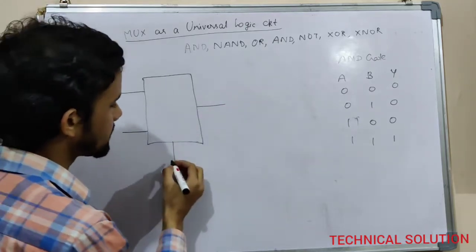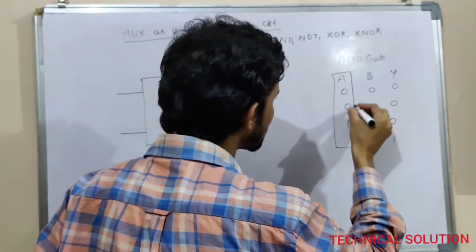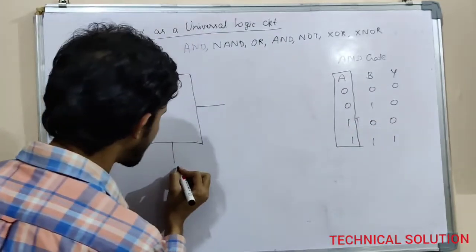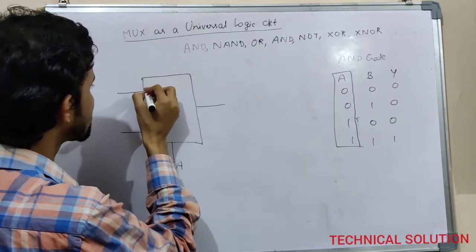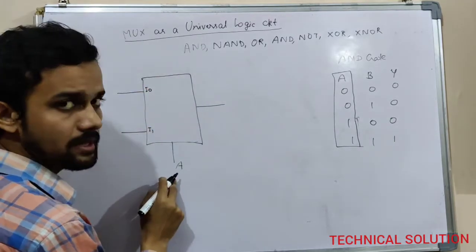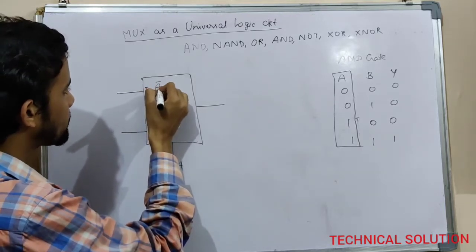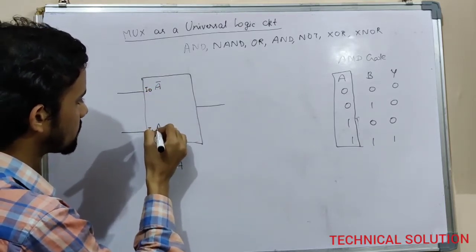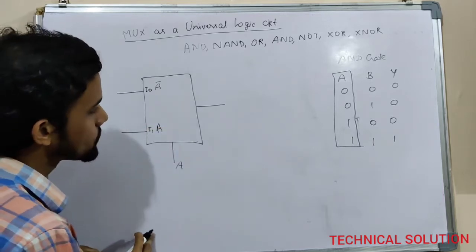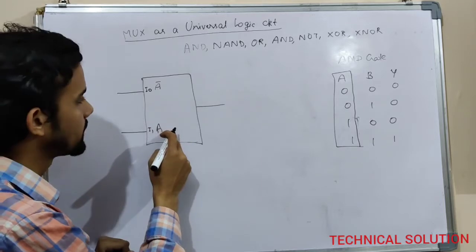Let us suppose the selection line is given by this A. This line corresponds to I0, and this corresponds to I1. In terms of selection line, this corresponds to A bar, and this corresponds to A. So A bar means 0 and A means 1.